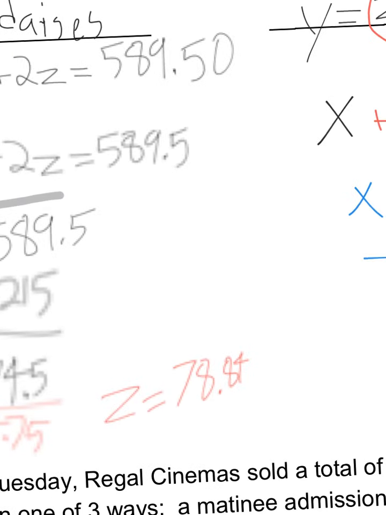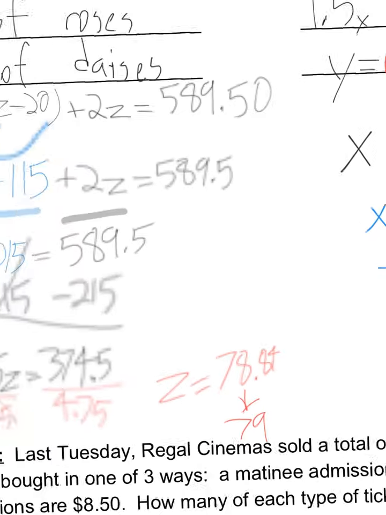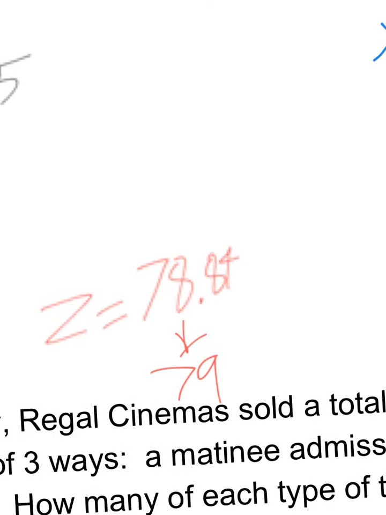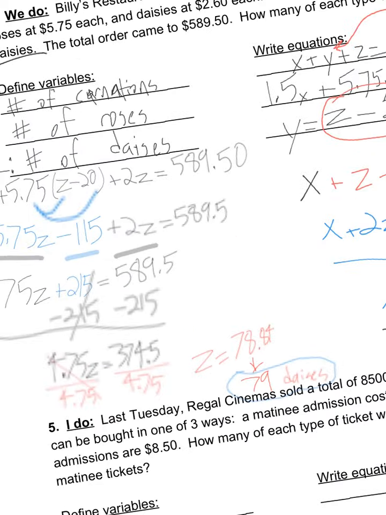So we're just going to round that up to 79. All right, this is where I get to blame somebody else. I didn't write this problem. So whoever did probably just kind of made up some numbers for some equations. But yeah, we'll just use 79, and since 79 was z, we'll do 79 daisies.